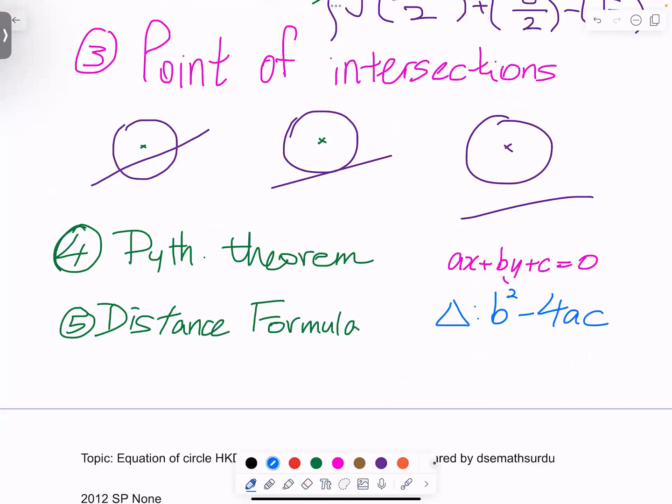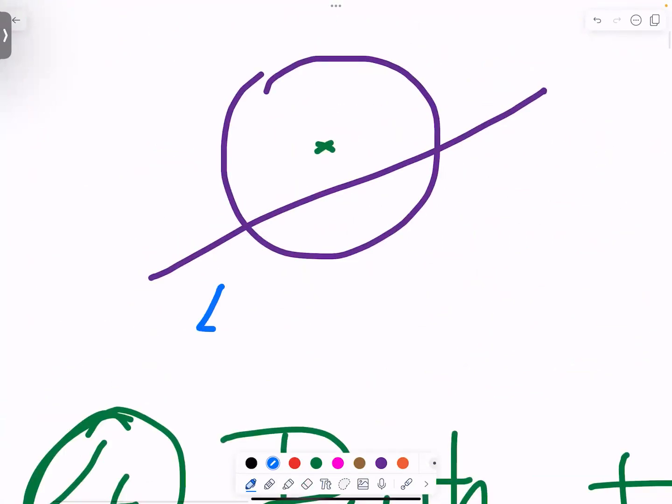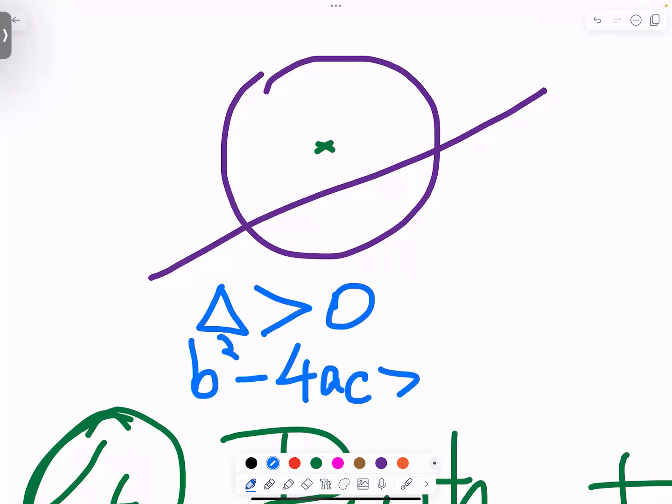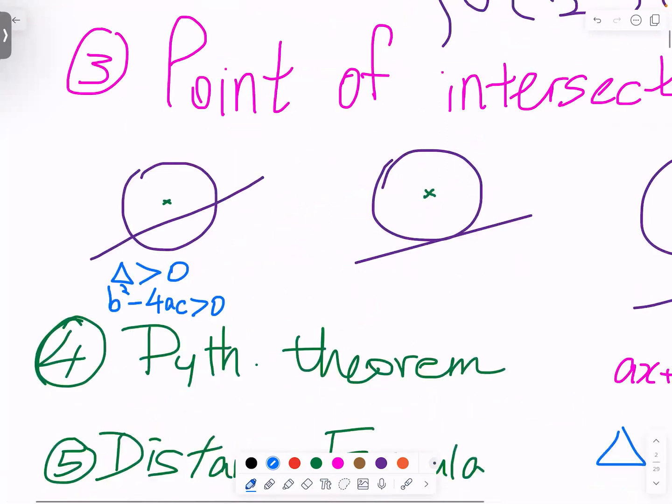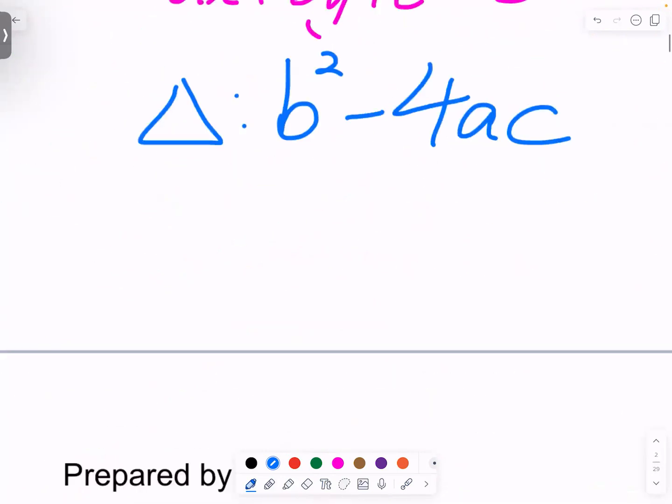So for example, with this one, you will know that the delta is greater than 0. B squared minus 4ac is greater than 0. What is b squared? What is a and what is c? That comes from quadratic equations only.